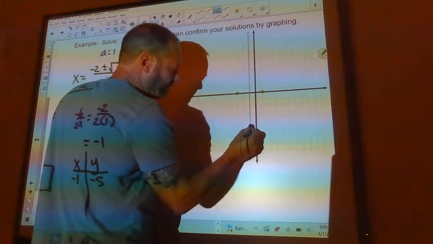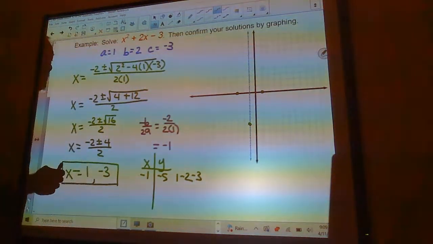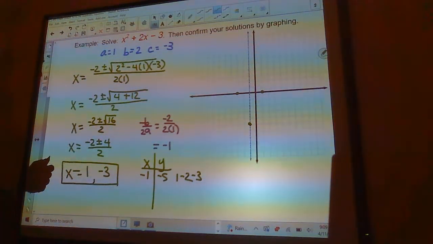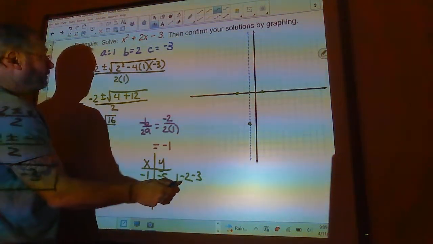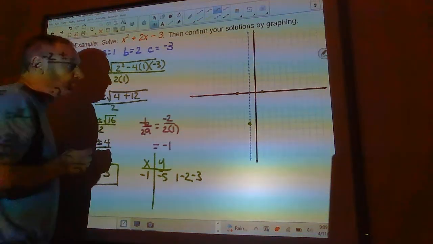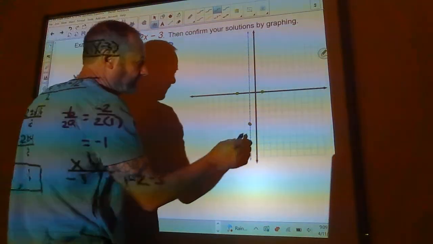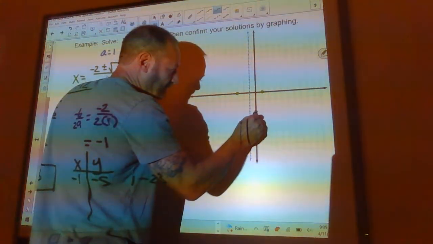So negative 1, negative 5 is going to be right here. Did I do that right? Let's see. 1, minus 2, minus 3. Yeah. Now I'm going to plug in 0, because 0 is a friendly number. That's going to give me negative 3 right there.